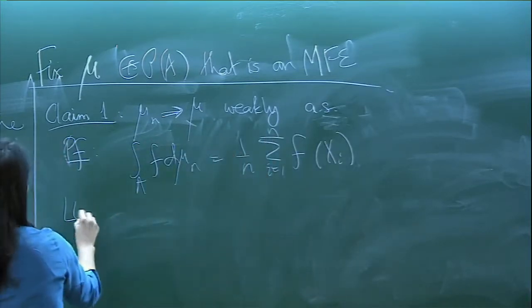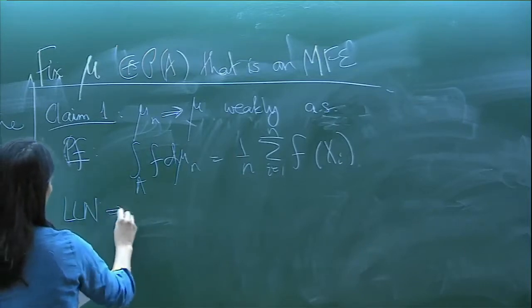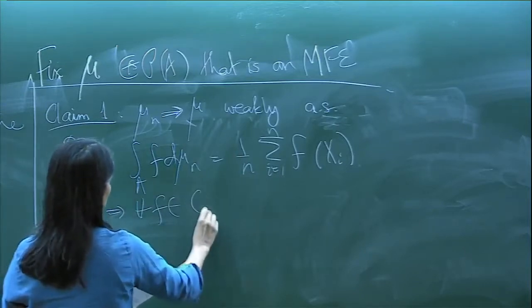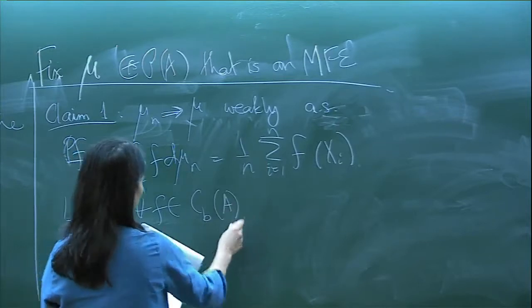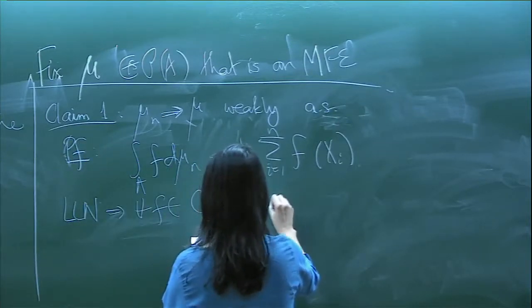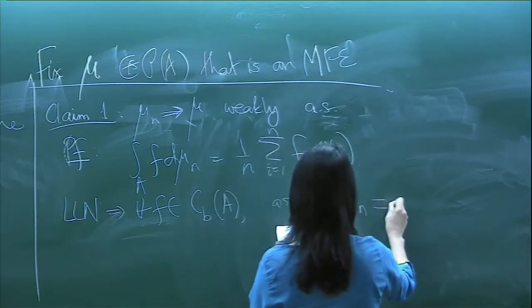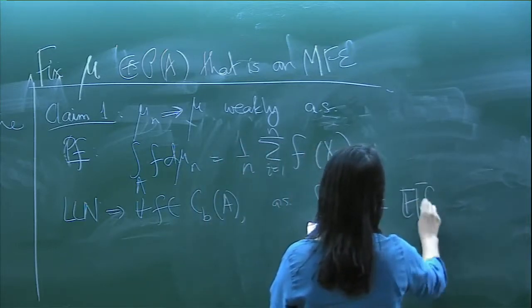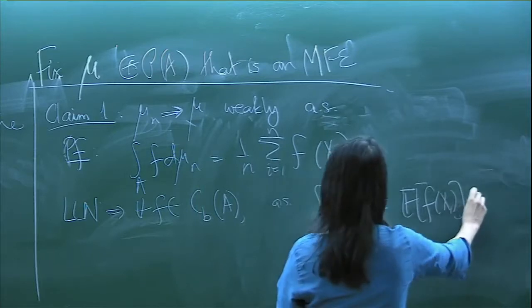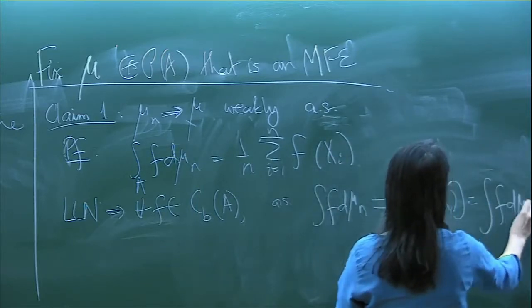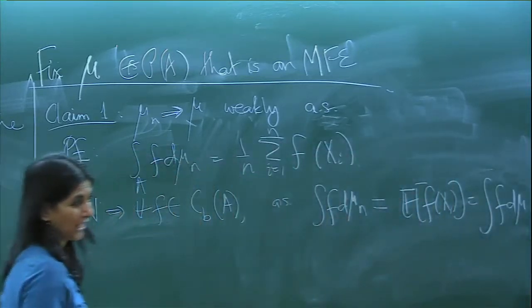So of course, the law of large numbers only implies that for every f in C_b(A), almost surely the integral of f d mu_n is equal to the expectation of f(X_1), which is simply the integral of f d mu. But that's not what we're saying.